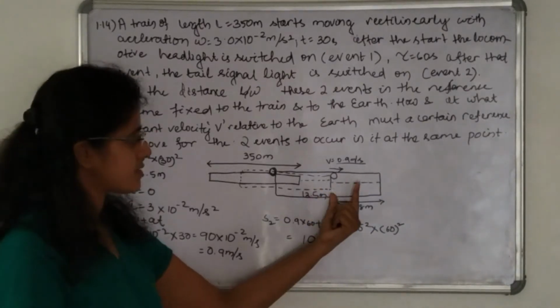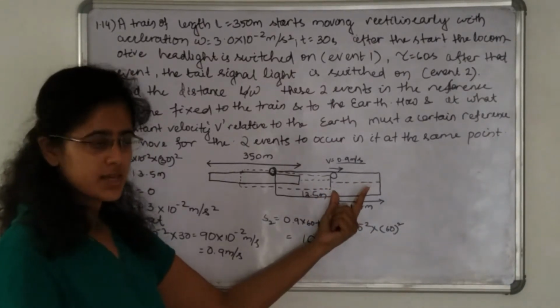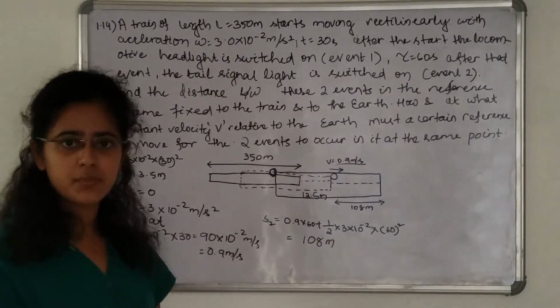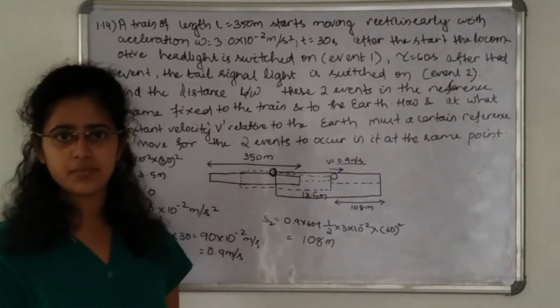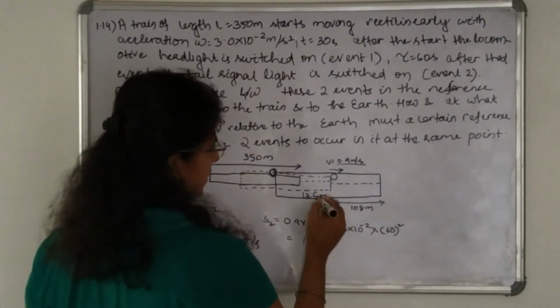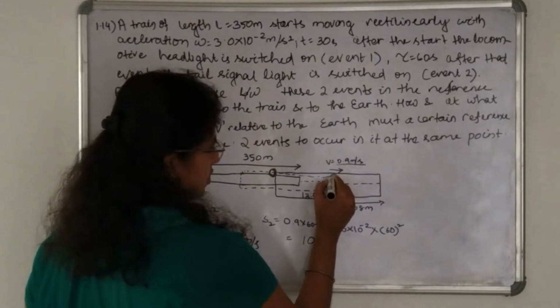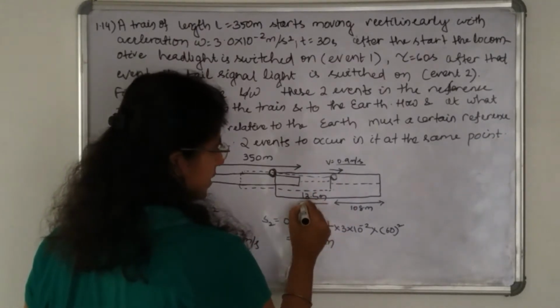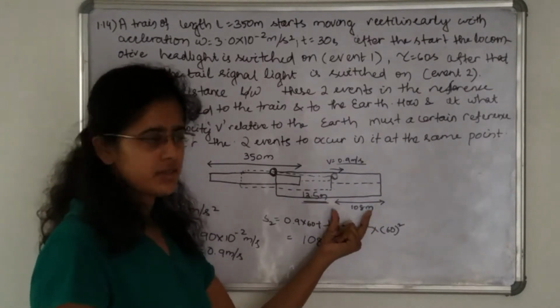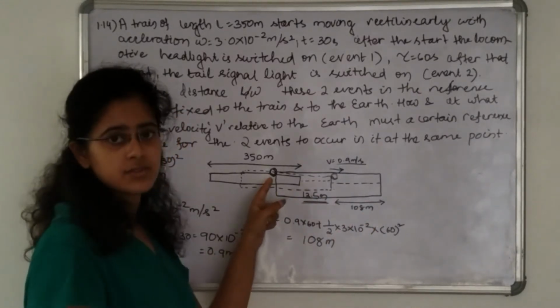from the initial position. Okay, so all these events which are happening, it is being observed by me, that is from the earth frame. So for the earth frame, the headlight is turned on after 13.5 meter, and after 108 meter the tail light is switched on.